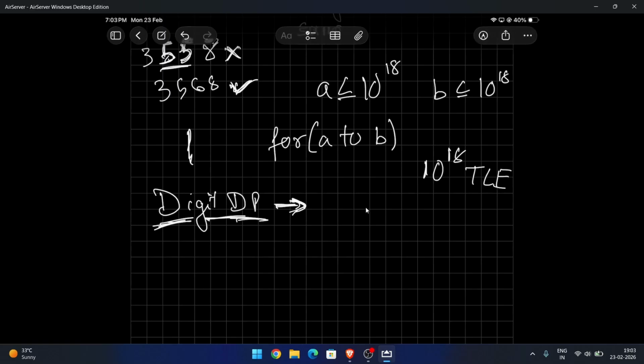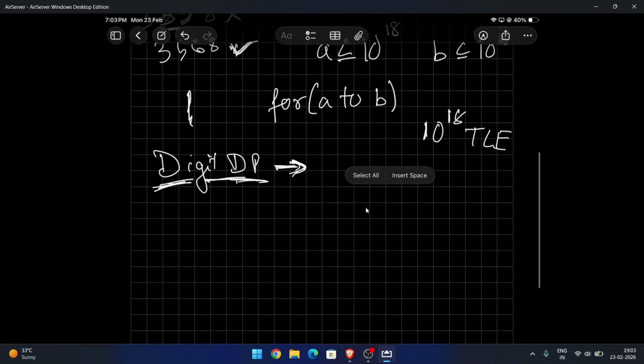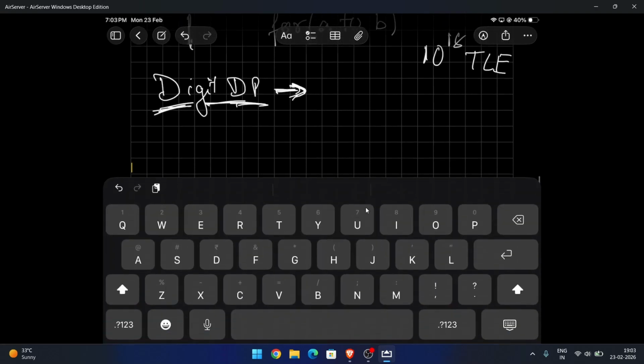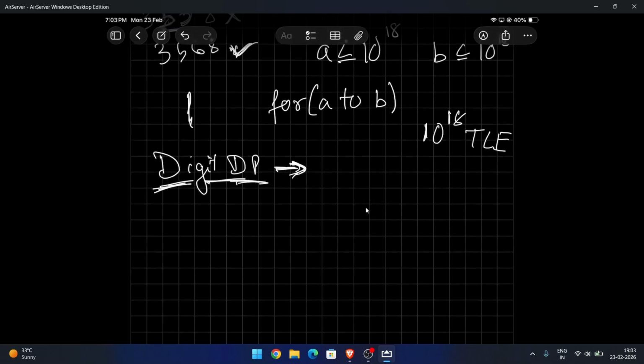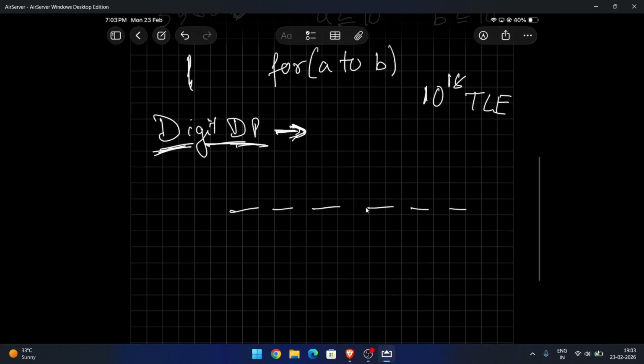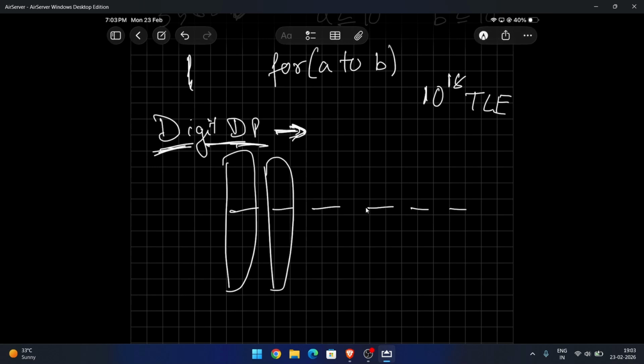To tackle this type of question, there is a concept of digit DP. It says that if we can't iterate through every number, let's go digit by digit. A number can be represented in the form of digits.